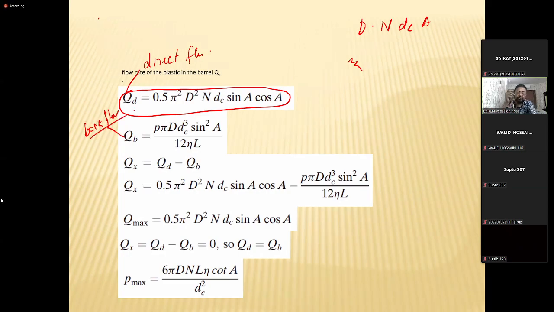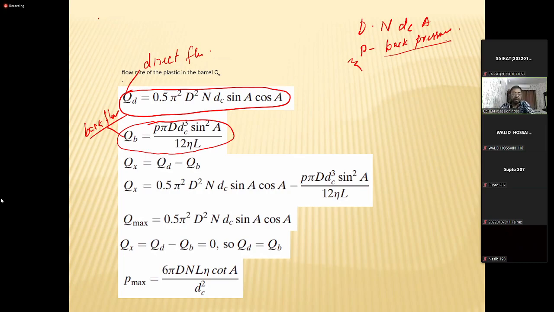Again, we are not going to reduce the formula, we will just set the formula here. Okay. So this backflow can be calculated by using this formula, where P is our back pressure. This pressure will depend upon the die.